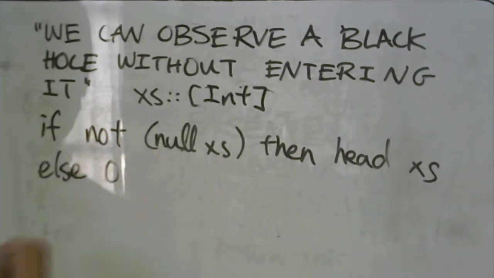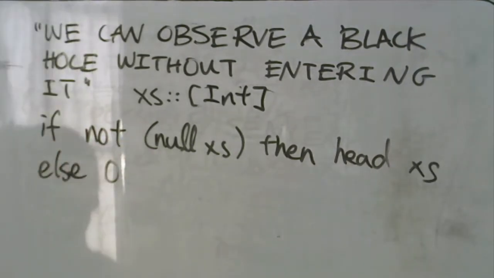For example, consider the expression, if not null xs, then head xs, else 0. So in this case, xs is a list, and null xs is a function that returns true if xs is empty, and false otherwise, and not negates the true or false.